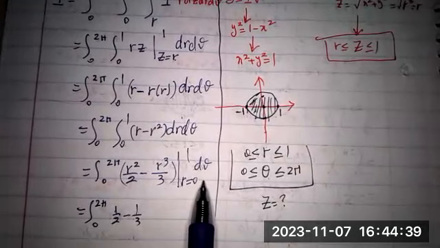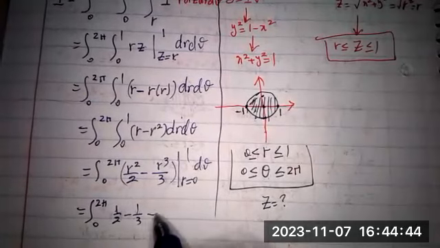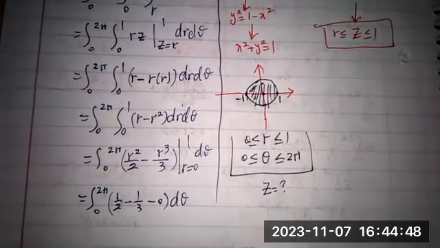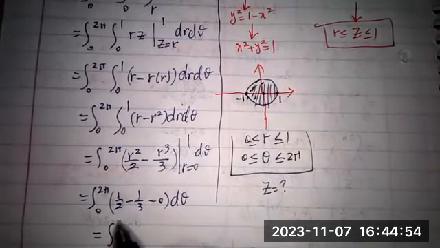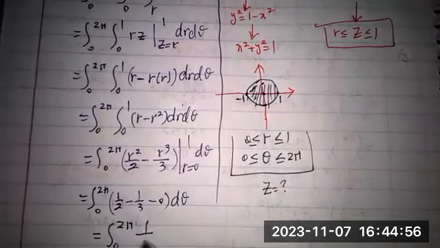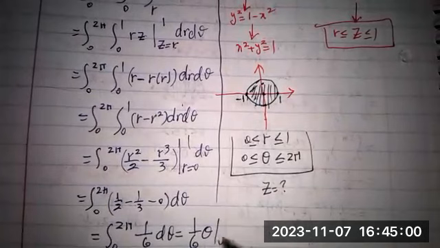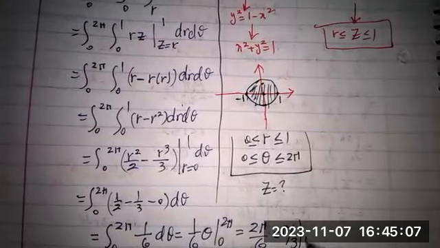And if you put r equal to 0, that gives you 0, minus 0. Then d theta. So we get 1/2 minus 1/3, that gives you 1/6. So it's going to be 1/6 theta from 0 to 2 pi. It's going to be 2 pi over 6, which is the final answer.